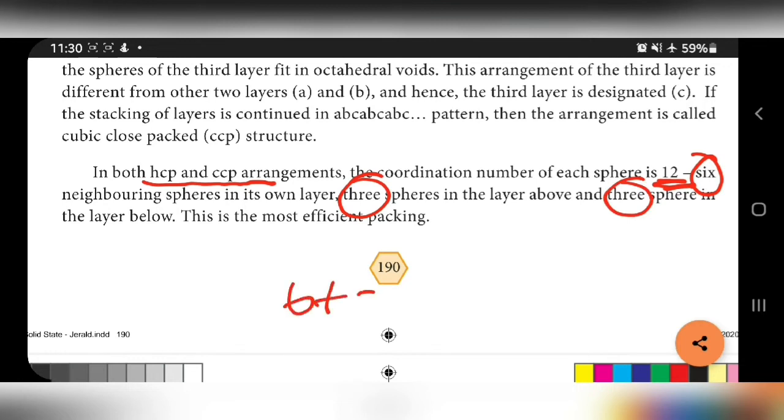So 6 plus 3 plus 3, totally 12. So the coordination number of both HCP and CCP arrangements is 12 only, that is, 6 atoms plus 3 plus 3 in 3 layers.